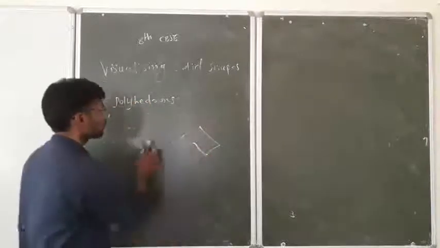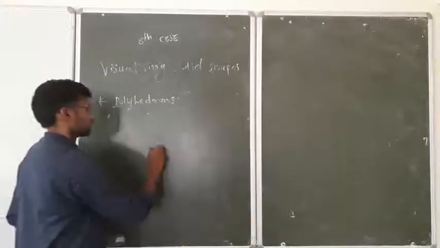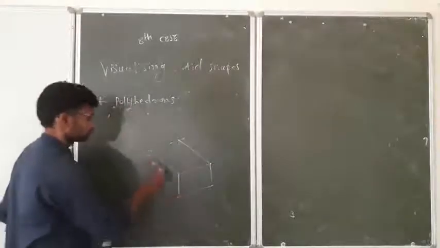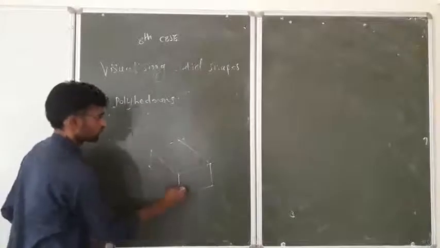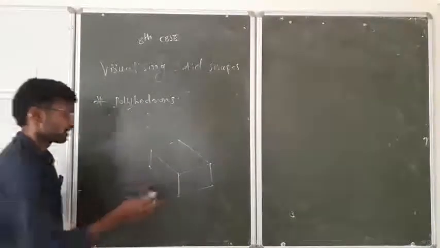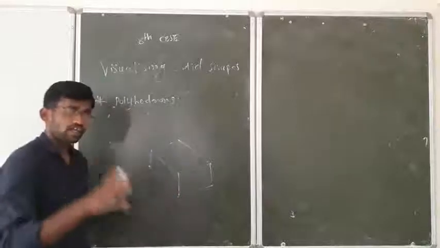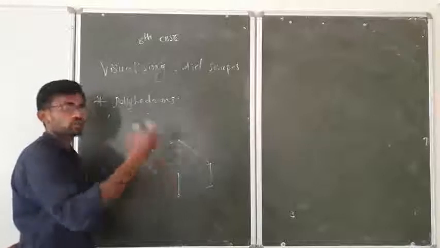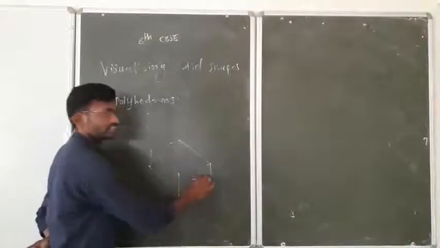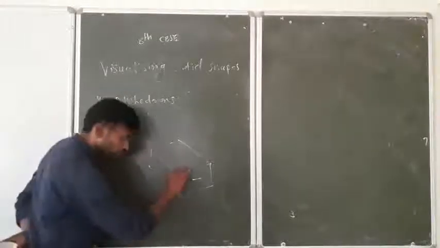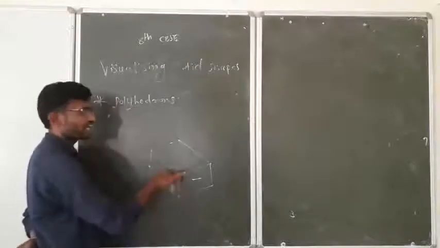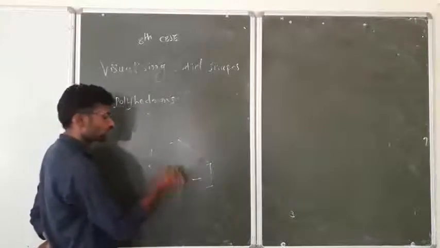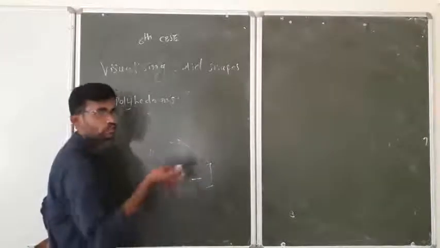And what is a polyhedron? Suppose I am drawing here one cuboid. Polyhedron means solids made up of polygonal regions called faces. These faces meet at the edges, which are line segments, and the edges meet at the vertices, which are the corners, called points.